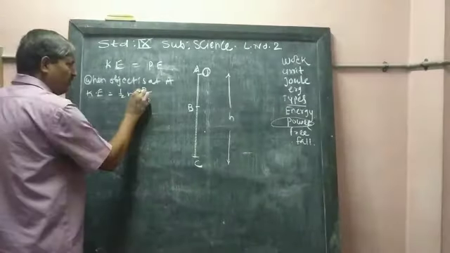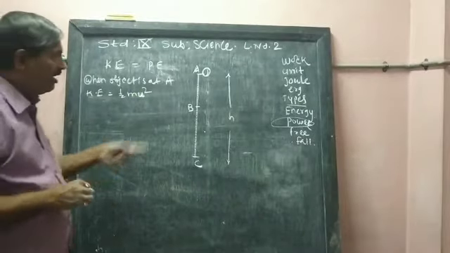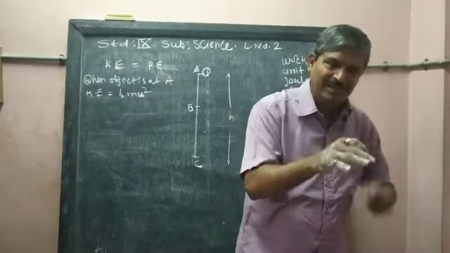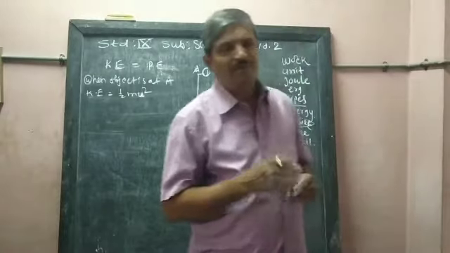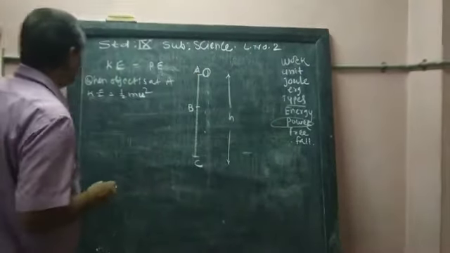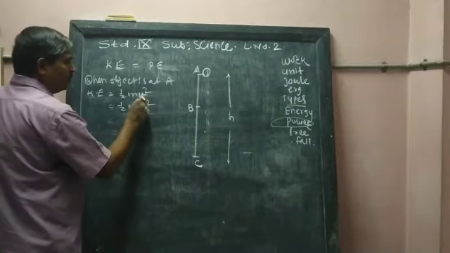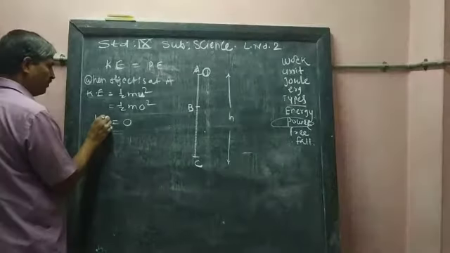Here, instead of v, I will take u, because u means initial velocity. To calculate kinetic energy we use v, but the initial velocity is named by the letter u. So here we get 1/2 m into u², and u is 0, so the answer will be 0. Understand?